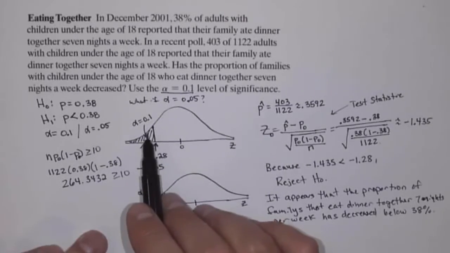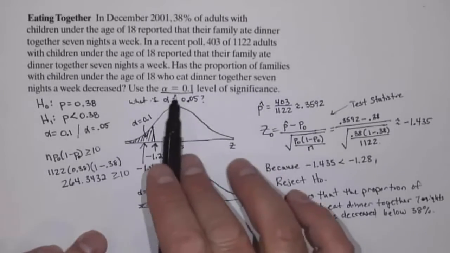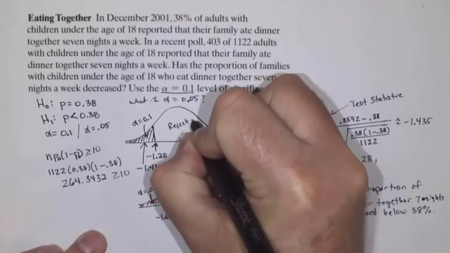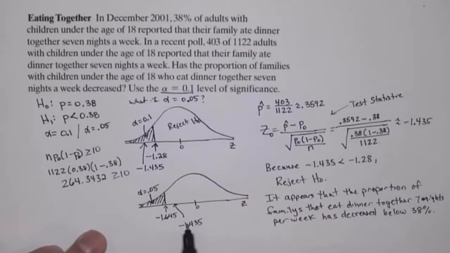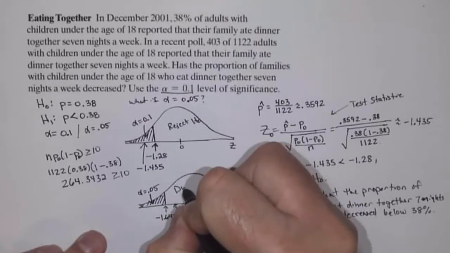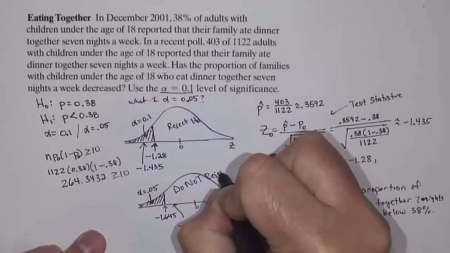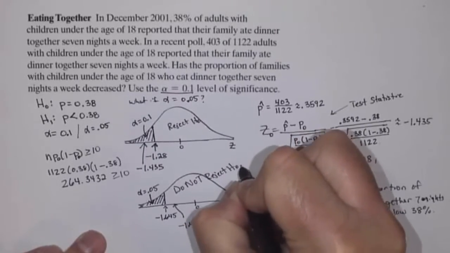So for this situation, if I use alpha equals 0.1, we rejected the null hypothesis. But for this case, because this negative 1.435 would not fall over here in the unusual area, my conclusion would be do not reject the null hypothesis.